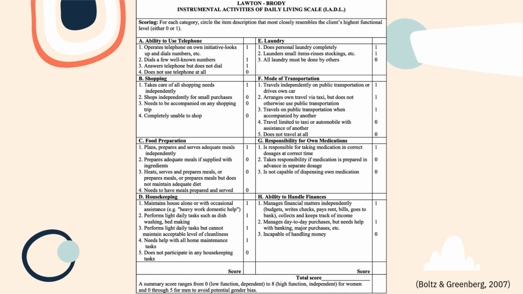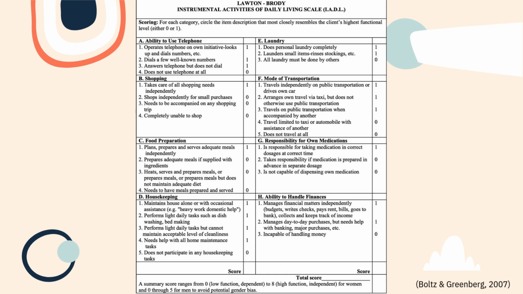Here, for an example, is a blank copy of the Lawton. You can see each domain is broken up into boxes ranging from A to H. So an example of how to score, if you look at E for laundry, there are 3 statements for scoring.